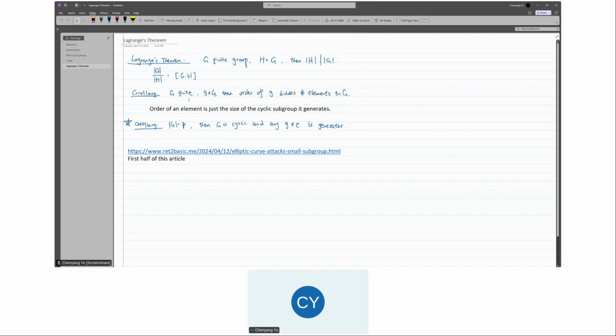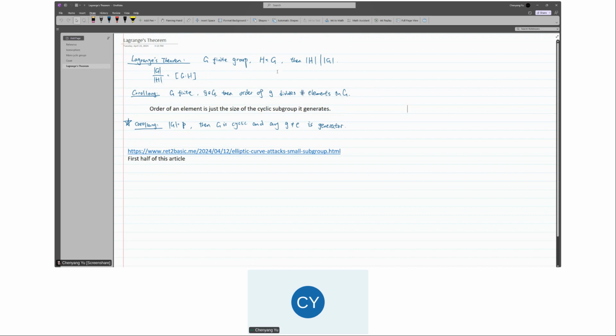Of course, if it is an infinite group, then the order will be infinity, I think. So this is pretty general.